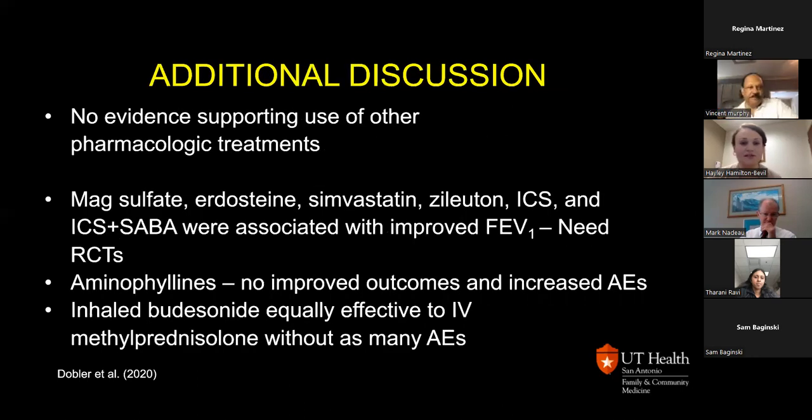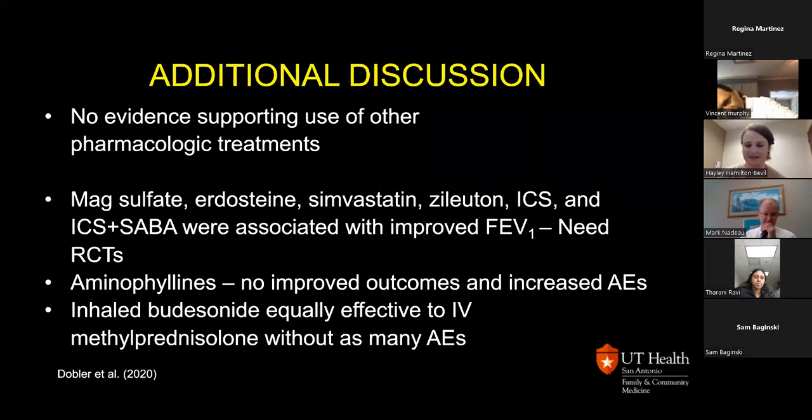It also didn't support use of any of the other pharmacologic treatments like mucomyst or statins or any of those others that I mentioned that are outlined here. Even though they did help with lung function, they didn't help with patient-centered outcomes like actually getting over your exacerbation or having repeat exacerbations.